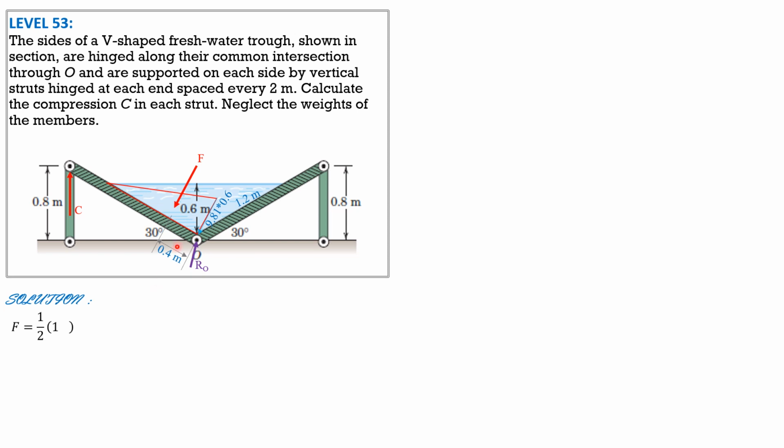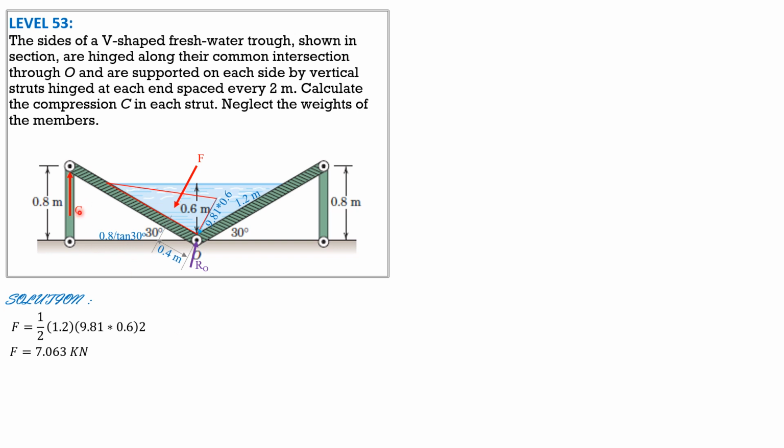So F is 1/2 of 1.2 times 9.81 times 0.6 times the distance perpendicular to the board, which is 2 meters. That's the volume of this pressure diagram, which is equal to this force here. So solving for F is 7.063 kilonewtons. As I said, this is 0.8 over tangent of 30 degrees.